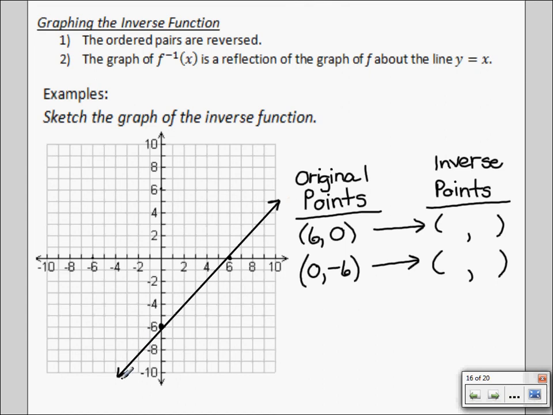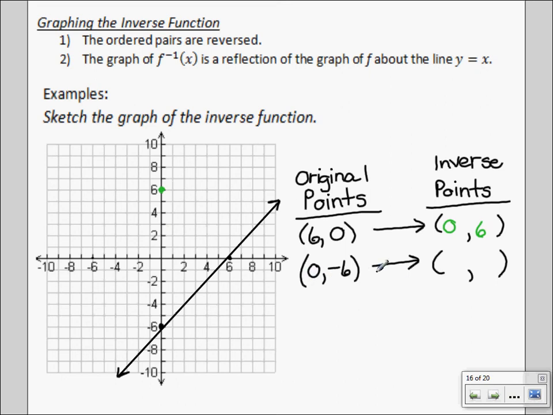Okay, so here, graphed on the four-quadrant plane, we have a linear function, and the original points that can be looked at would be (6, 0) and (0, -6). So all we have to do is reverse the x and y points. So we have (6, 0). We just rearrange those, we have (0, 6). And if we graph that, it's going to look like the point right here.